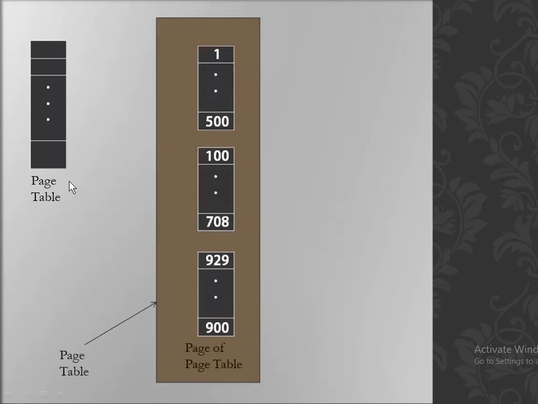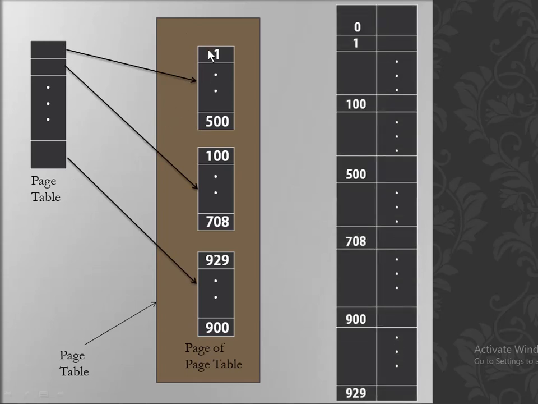Take this example. This is the outer page table and this is the inner page table. The outer page table entries contain the index of the inner page table, and the inner page table contains the frame numbers.